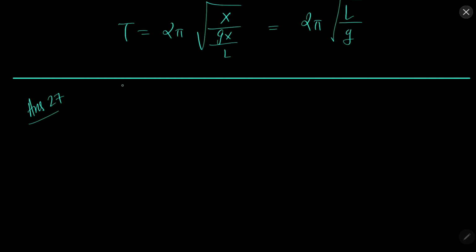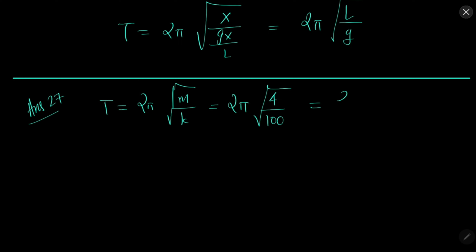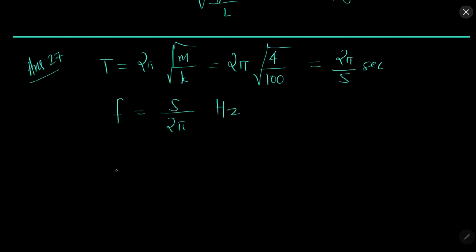Solution 27. So time period is 2 pi root m over k, 2 pi root 4 over 100, 2 pi by 5 second. Frequency will be 5 by 2 pi hertz, inverse of time period.